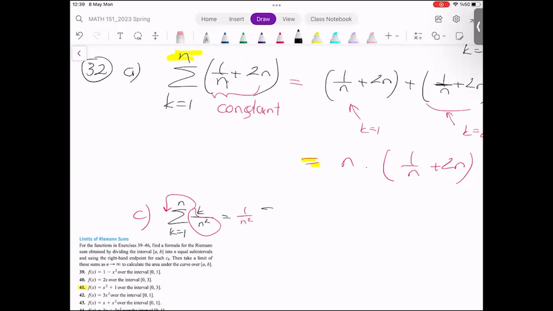And then what is left inside is just k, where k runs from 1 to n. We have a formula for the sum of numbers. This part has the formula n times (n plus 1) divided by 2. So the result is (n plus 1) over 2n, I think. Like that. Okay? So that's it.